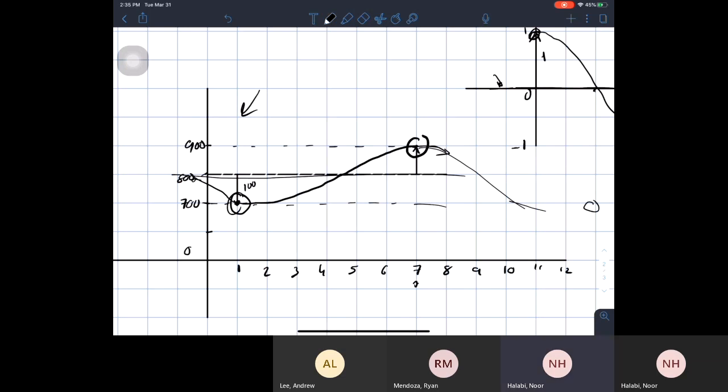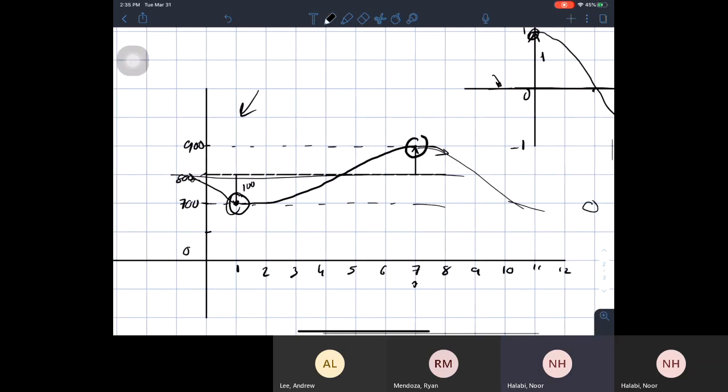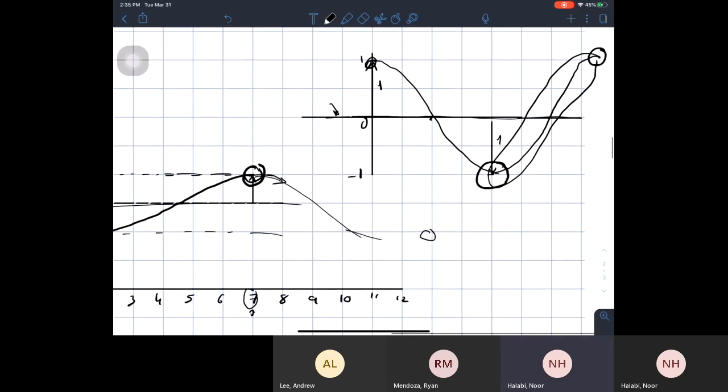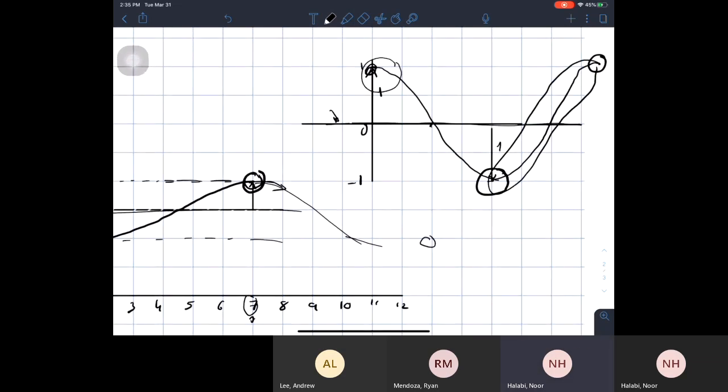So what I'm going to have to do is look along the graph until I reach my first maximum, which in this case is in July, my 7th month. It's as if I took this graph, because this graph keeps oscillating forever, going up and down and up and down.